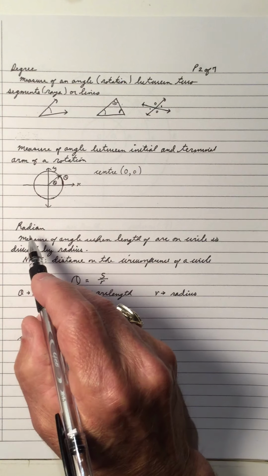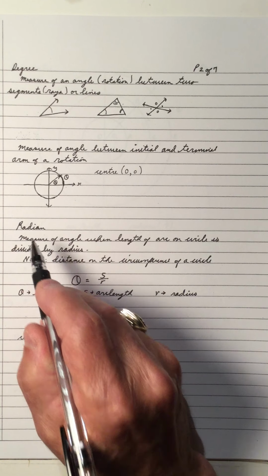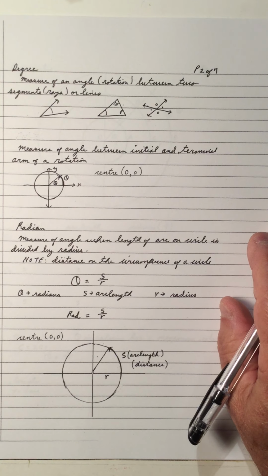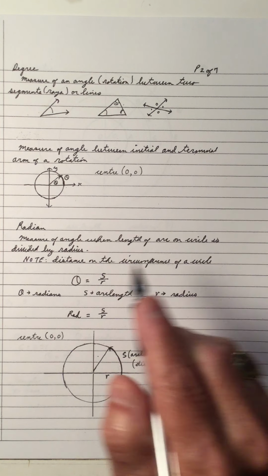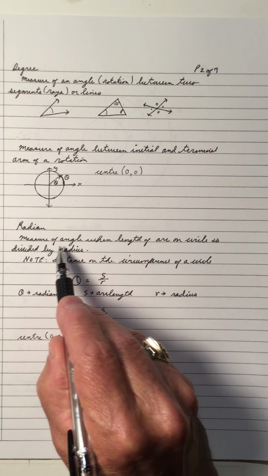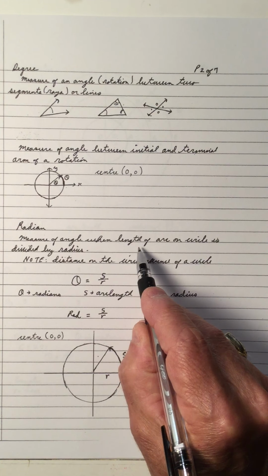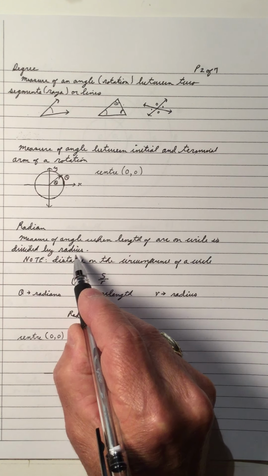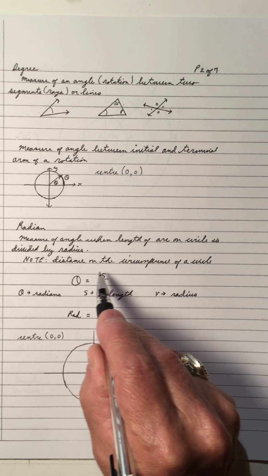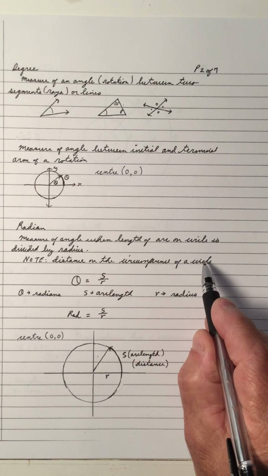But let's look at what a radian is. A lot of students get confused and really don't understand a radian, so I'm trying to see if I can clear it up a bit. A radian is the measure of an angle when the length of the arc on a circle is divided by the radius. Note, this is distance on the circumference of a circle.